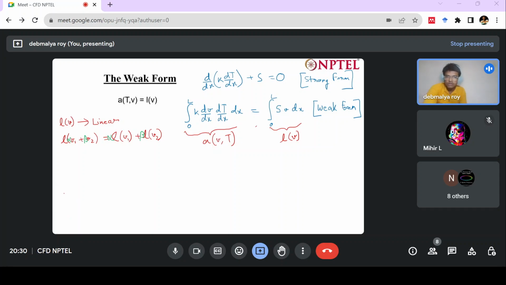Okay. Now what about this A term? This is what is a bilinear term. It has three properties actually: it is bilinear, symmetric, and positive.